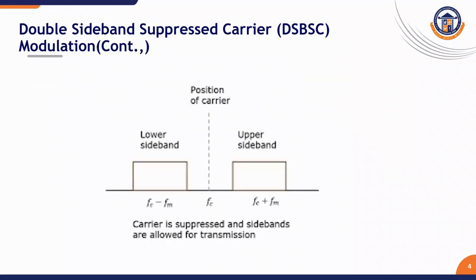So here is the double sideband suppressed carrier. Here the carrier is completely suppressed, and only the lower sideband and upper sideband are transmitted, which are of frequency FC minus FM for the lower sideband and FC plus FM for the upper sideband signals.